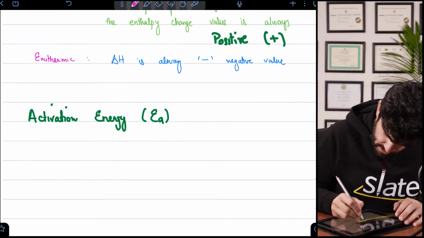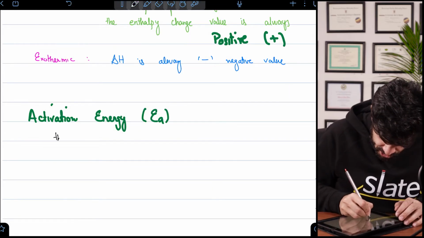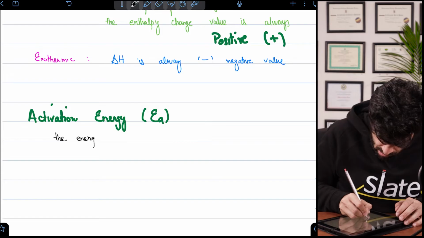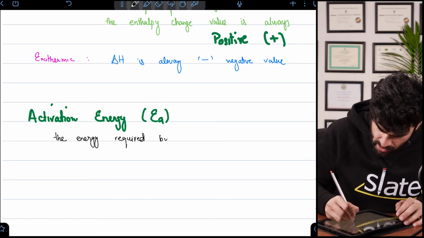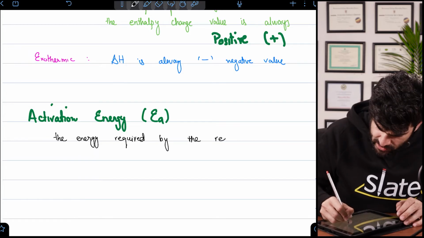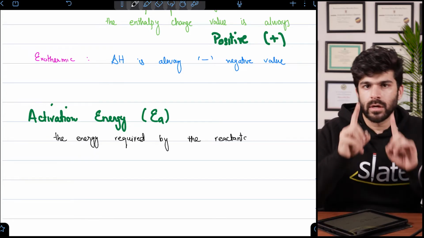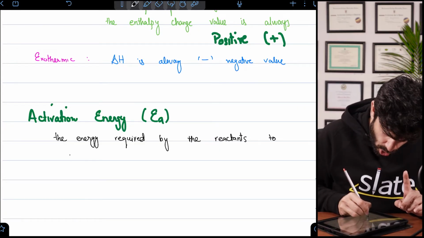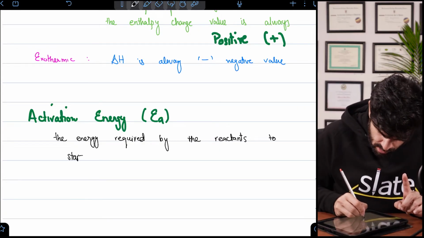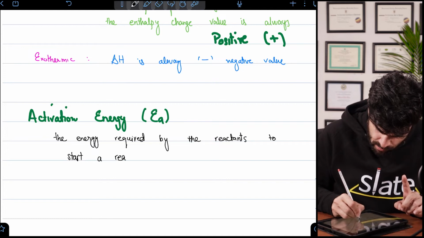Activation energy is the energy required by the reactants to start a reaction.